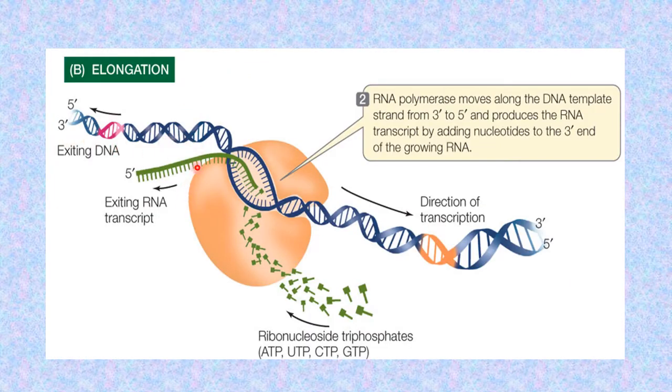Now once this transcription bubble is formed, the RNA polymerase binds itself to this DNA double helix. It will start its function, and its functions, as we know, include opening up of this DNA double helix to form the transcription bubble, moving ahead from the 3' to the 5' side, and on this template strand synthesizing a polyribonucleotide chain, and RNA is formed.